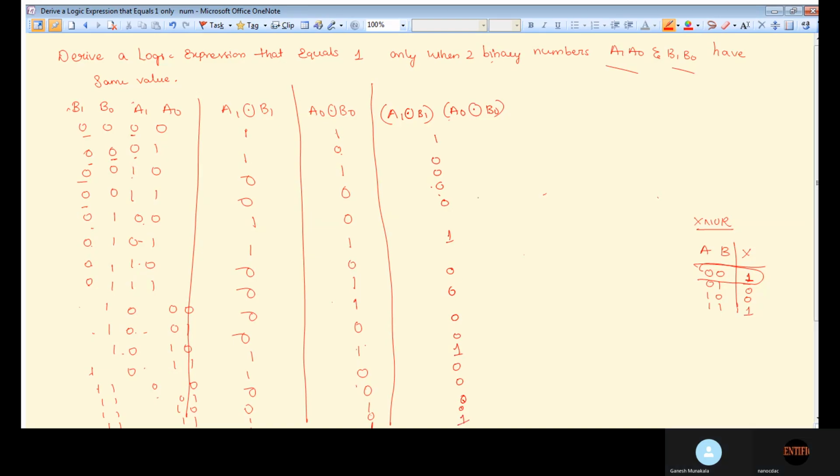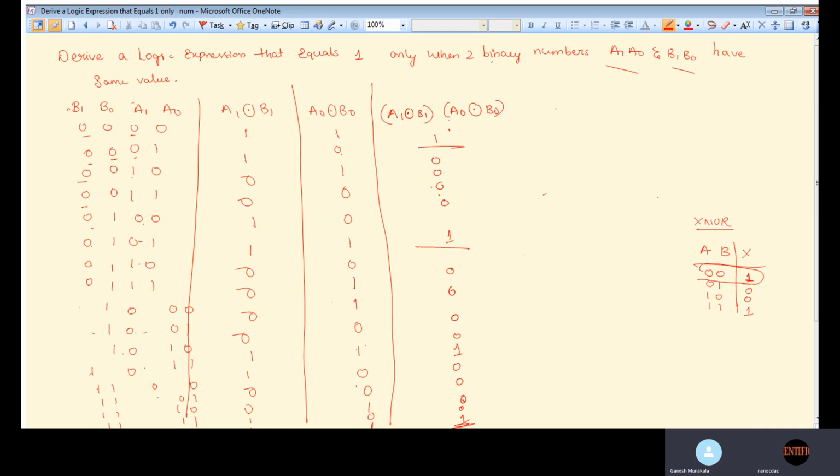Finally you are getting 1 only at this particular point and at this particular point, where the output is equal to 1.